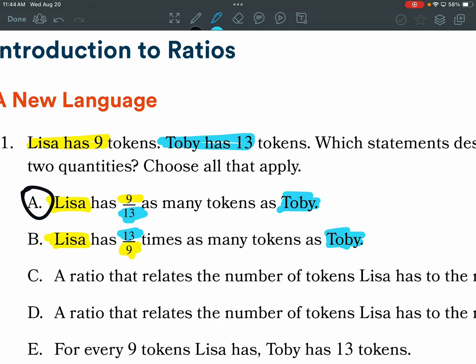Okay, the 9 is at the bottom, not the top. So is B going to be true or false? False. They flipped it. They flip stuff to try to mess you up. If you're not reading and looking, they're going to flip it and make you miss it.